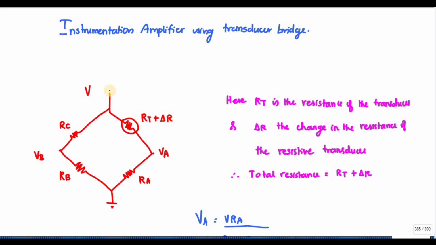Okay, and here I have given a DC power supply, and this RT is the resistance of the transducer, and del R is a plus or minus change in the resistance of this resistive transducer. So this is nothing but a resistive transducer.